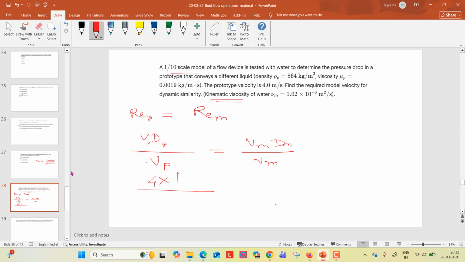So we can write it as 864. Mu p is 0.0019. Equals to Vm, we need to calculate. dm is known as 10 and nu m is 1.02 into 10 to the power minus 6.